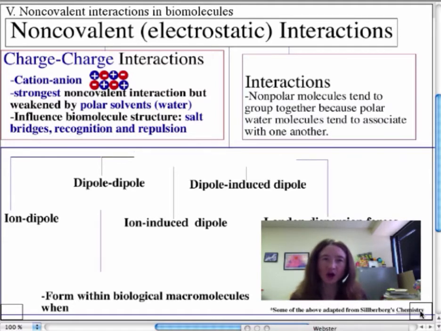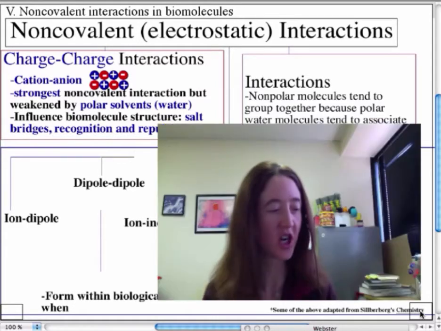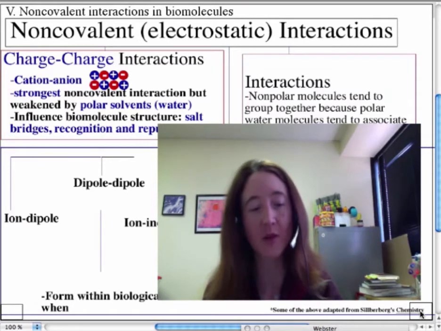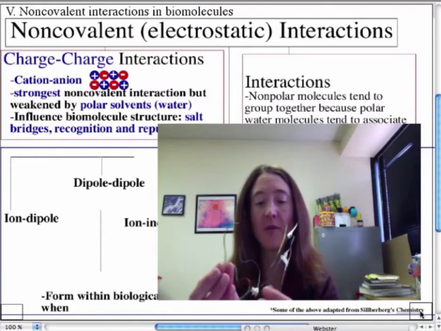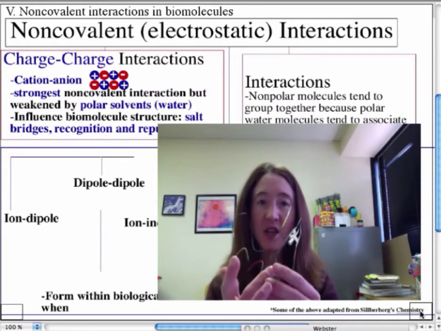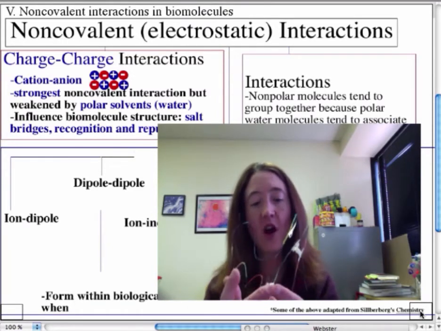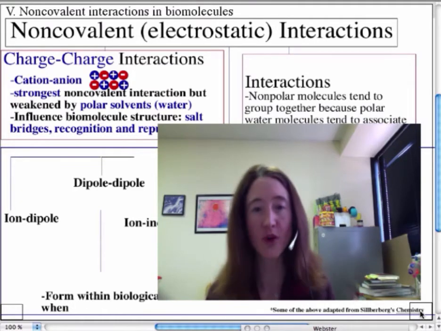Things like salt bridges: we call charge-charge interactions in a protein salt bridges. So if there was a salt bridge forming in the interior of this protein in this region, we would call that charge-charge interaction a salt bridge.